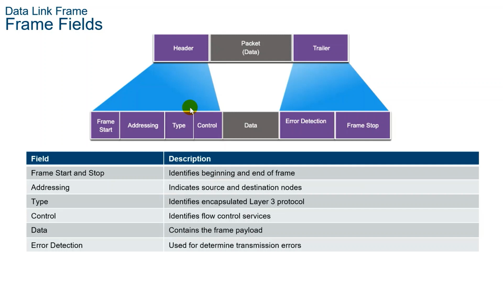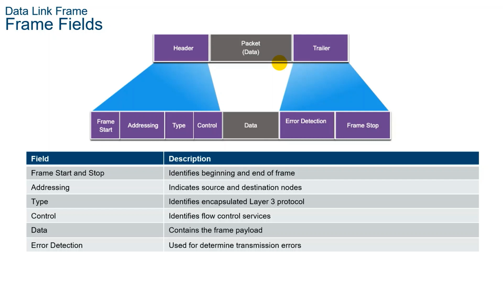This format gives the physical signals a structure that is recognized by nodes and decoded into packets at the destination. The generic frame fields are shown in the figure here. Not all protocols include all these fields. The standards for the specific data link protocol define the actual frame format.